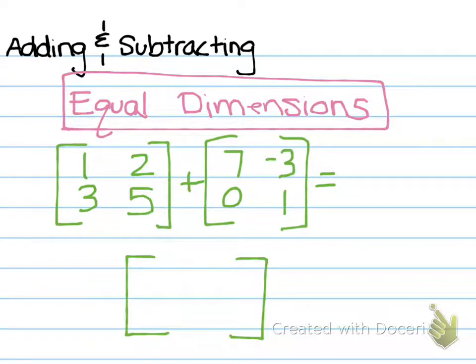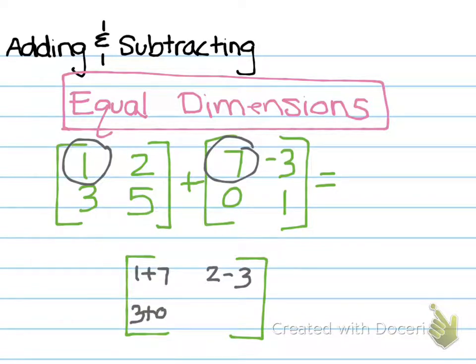So to break it down first, what you would do is you would add corresponding positions. So you'd have 1 plus 7, 2 minus 3, because it's 2 plus negative 3, 3 plus 0, and 5 plus 1.